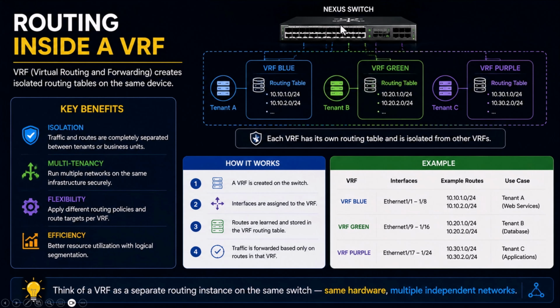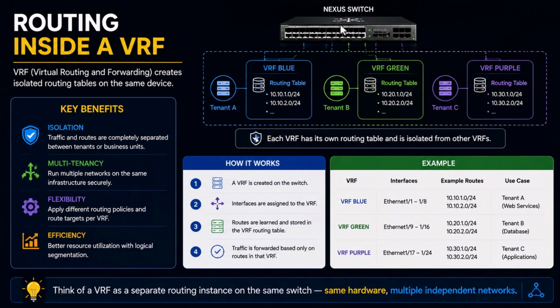Now let's talk about VRF. VRF stands for Virtual Routing and Forwarding. A VRF allows one physical switch to maintain multiple separate routing tables. For example, imagine one Nexus switch supports 3 customers. Tenant A uses VRF blue, tenant B uses VRF green, tenant C uses VRF purple.